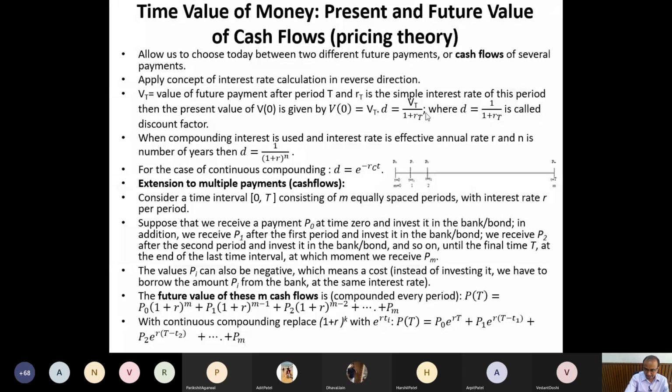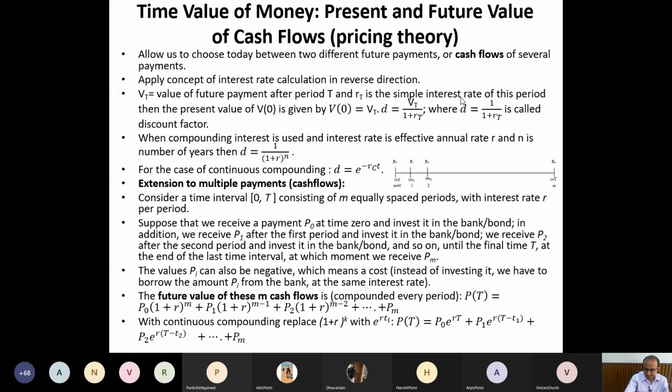While in case of the simple interest, you can use either the annual rate or the rate for the entire period, so you can use anyway. While here it is better to use the effective annual rate R. And let's say N is the number of years, or you can say capital T is the number of years, whatever designation you use.